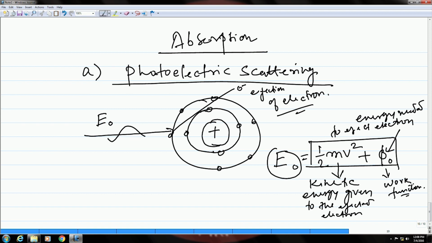So, this kind of absorption phenomenon is a dominant absorption event up to an X-ray energy of 0.5 mega electron volt.